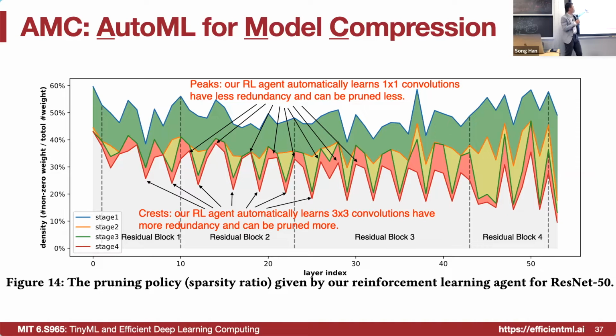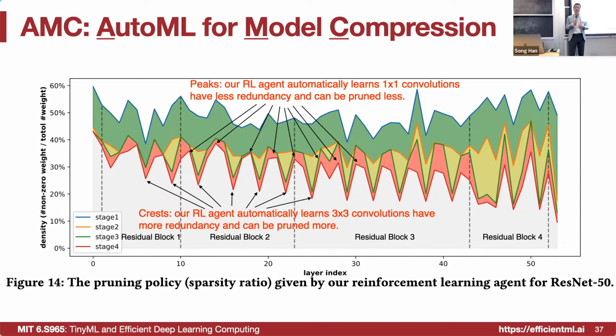Are they pruned more or pruned less, compared with the 1x1 ones? They are more aggressively pruned, right? They have fewer non-zeros, so they are pruned more.